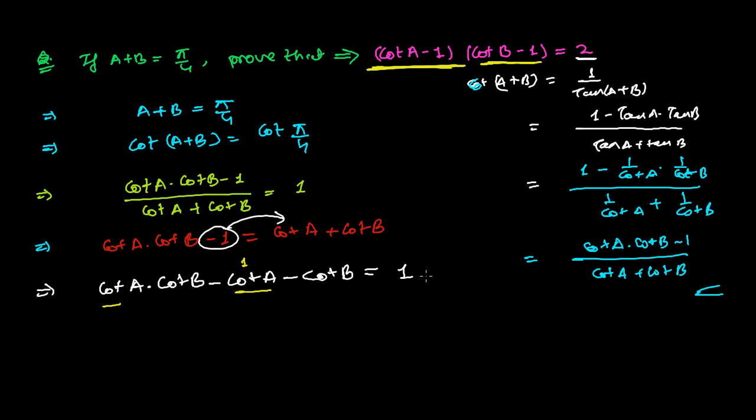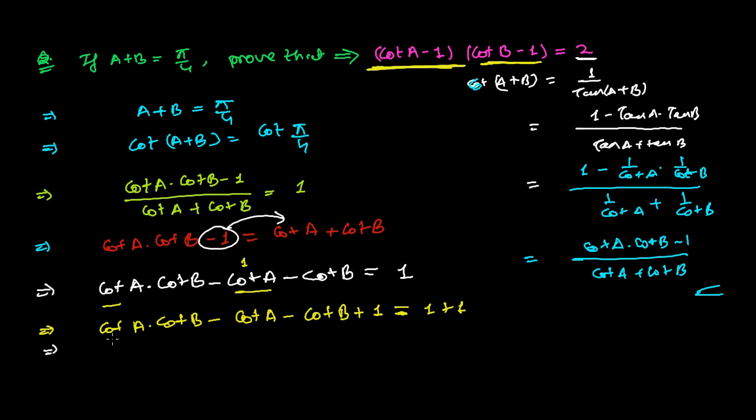So it means we need to add plus 1 as we had done in the previous video. So I'm going to add plus 1 here and plus 1 here, so it will be cot a times cot b minus cot a minus cot b, and then plus 1, and here 1 plus 1, which gives 2. We don't have any problem now, and we need to simplify this left hand side.